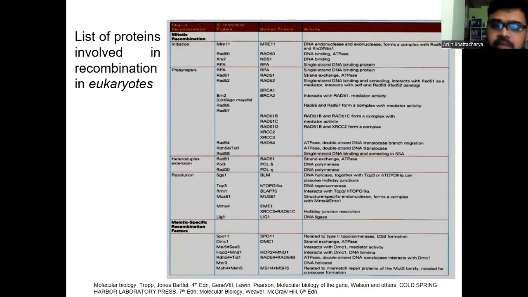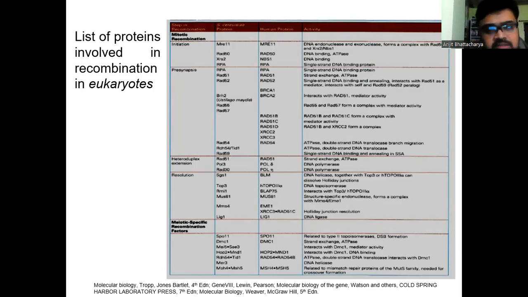RPA is a single-strand binding protein in eukaryotes, followed by proteins like RAD51, which is the RecA homolog, RecA ortholog, and other proteins like BRCA1, BRCA2, and then XRCC. In yeast it is RAD54. So all of these proteins are involved in presynapsis.